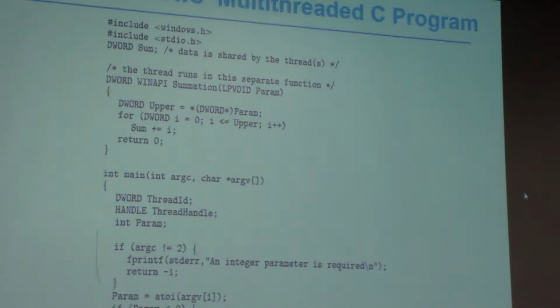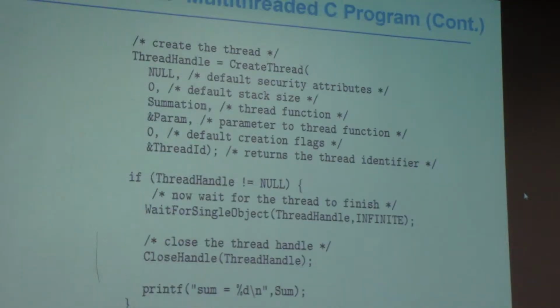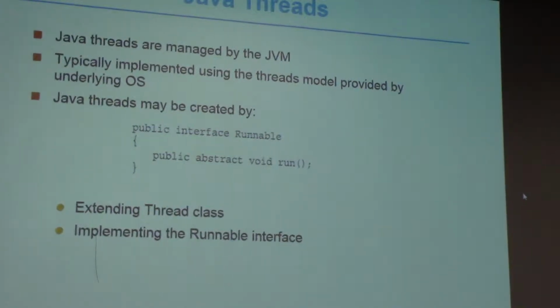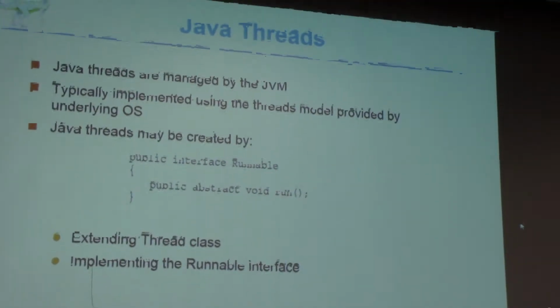This is an example of Windows multi-thread programming with C. Frankly speaking, I did thread programming only with Java, not with C and pthread. I just saw the source code.